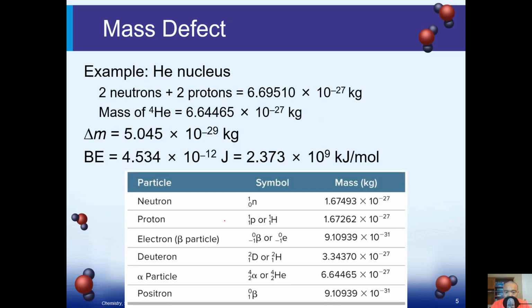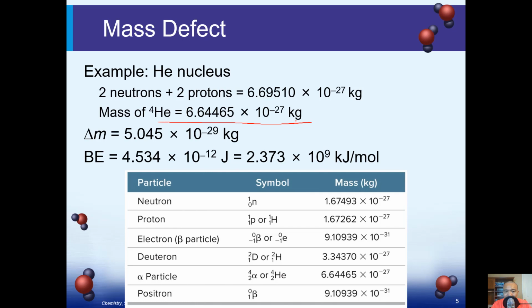As an example, consider the mass defect for a helium nucleus. The atomic mass for the helium-4 nucleus is listed over here. It's 6.64465 times 10 raised to negative 27th kilogram. The helium nucleus contains 2 protons and 2 neutrons.